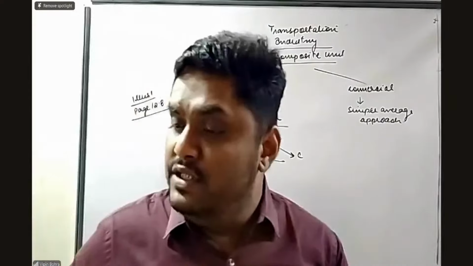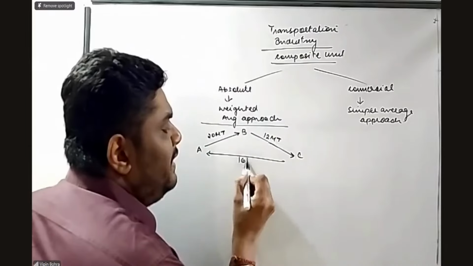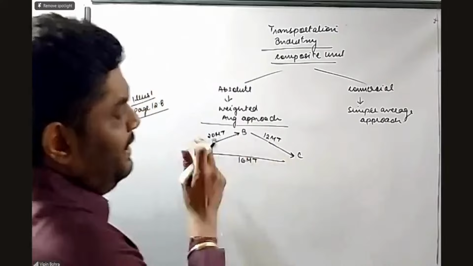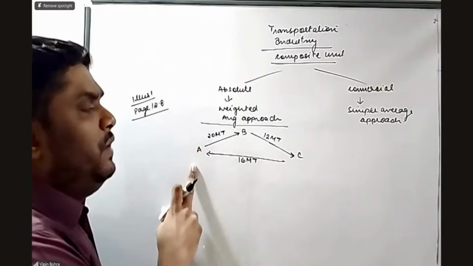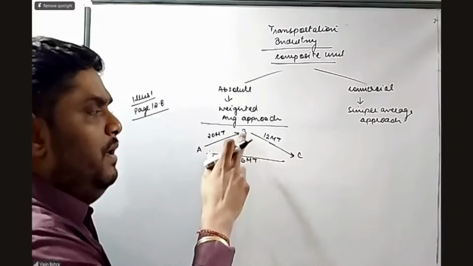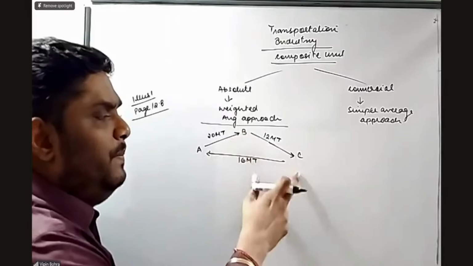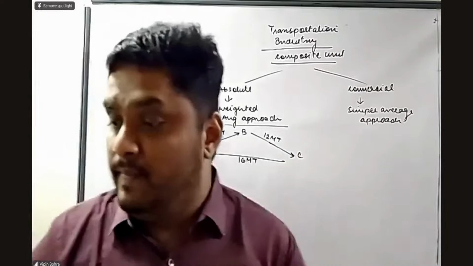Now, in the return journey, they went directly from C to A with 16 metric tons. So these are the details of the quantity transported between the various stations. At A, they loaded 20 metric tons and it went to B. But at B, they unloaded 8 metric tons. So the balance tons were transported from B to C. And from C to A, only 16 metric tons.